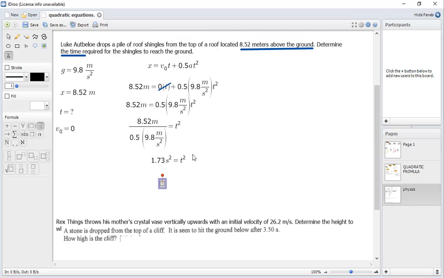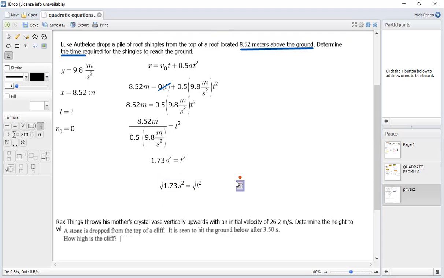You don't remember? For the power of 2, we use the square root. Yes, 1.73 seconds squared equals t squared.